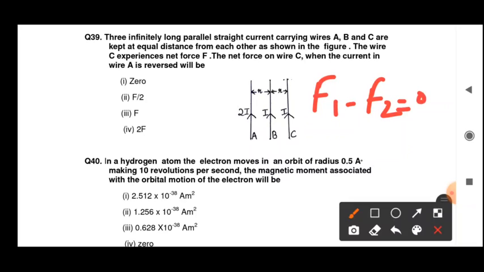The simple thing is that when the current is reversed, the force becomes repulsive. So the forces will not be added; for C they will be subtracted, which gives the 0 value. Clear, I think.